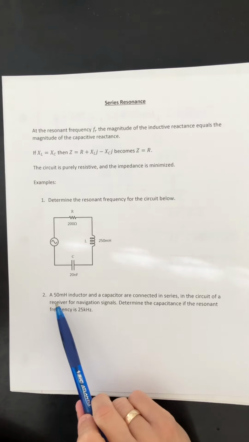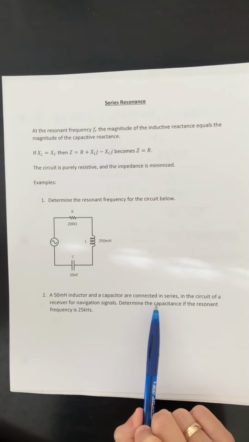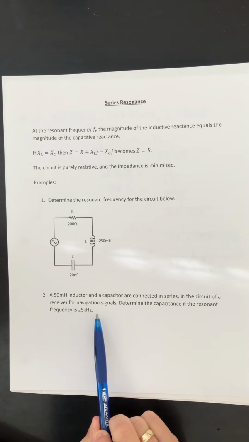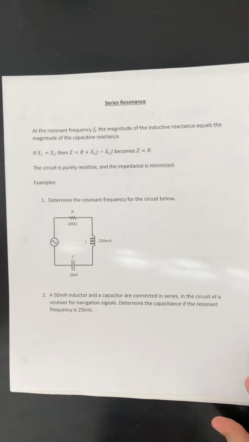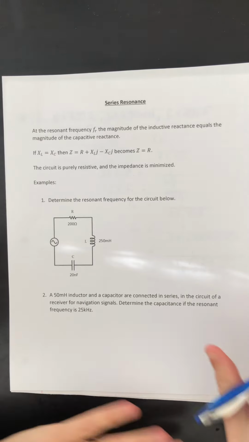It says, a 5 millihenry inductor and a capacitor are connected in series in the circuit of a receiver for navigation signals. Determine the capacitance if the resonant frequency is 25 kilohertz. Okay, that's a lot of language. So we're going to start the problem just by writing down the quantities that we are given.